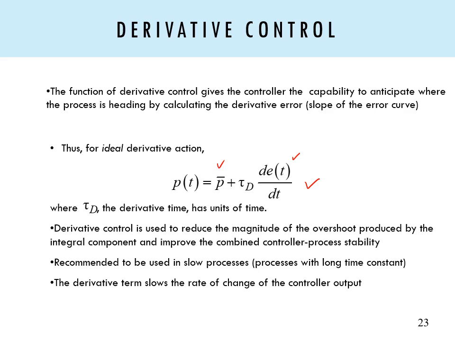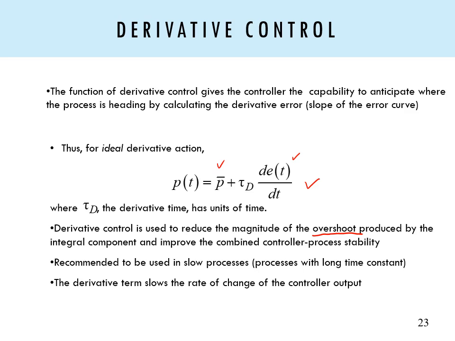Derivative control is used to reduce the magnitude of the overshoot. Basically, we don't want an overshooting process response curve in our controller. The overshoot is produced by the integral component, and derivative control improves the combined controller process stability.